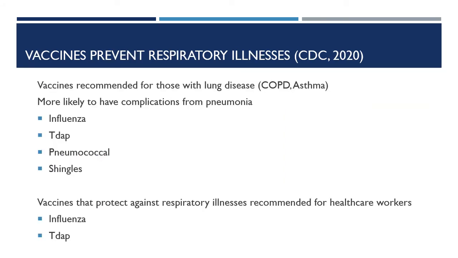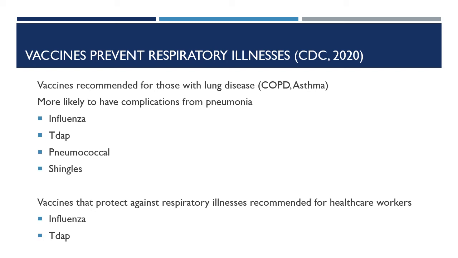So when we're talking about patients with chronic respiratory conditions, such as chronic obstructive pulmonary disease, cystic fibrosis, asthmatics, there's vaccines that are recommended for these patients to receive, right? So the influenza vaccine, which is annual, is recommended.